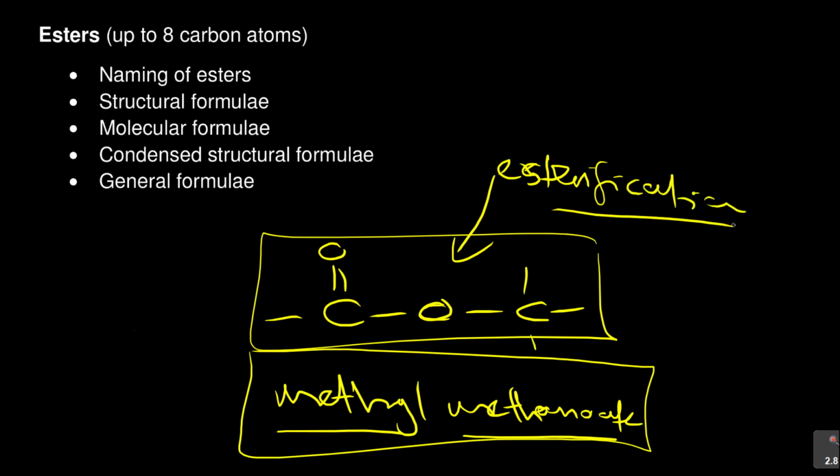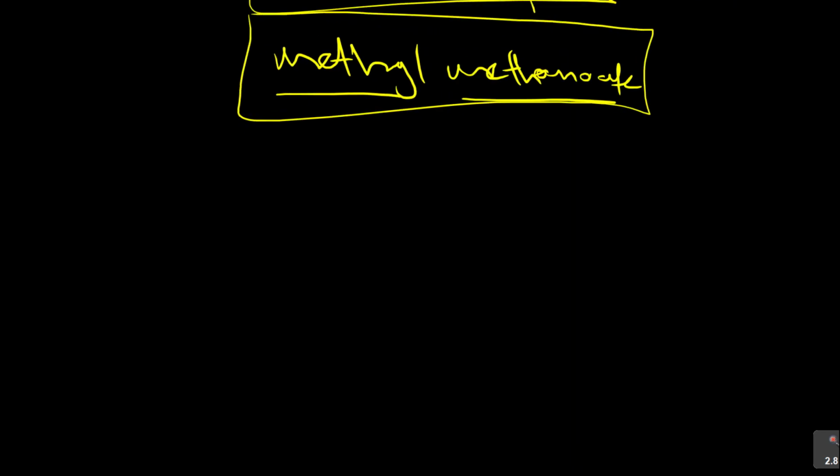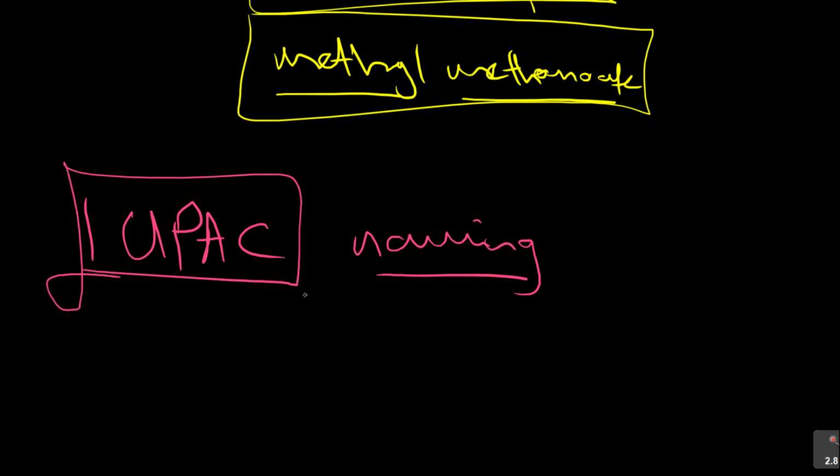So guys, for now we have to end the lesson, and in the next lesson I'm going to look at the most important one, which is called IUPAC naming. What does IUPAC stand for? International Union of Pure and Applied Chemistry, which is the authority in the naming of all chemical compounds, especially hydrocarbons.